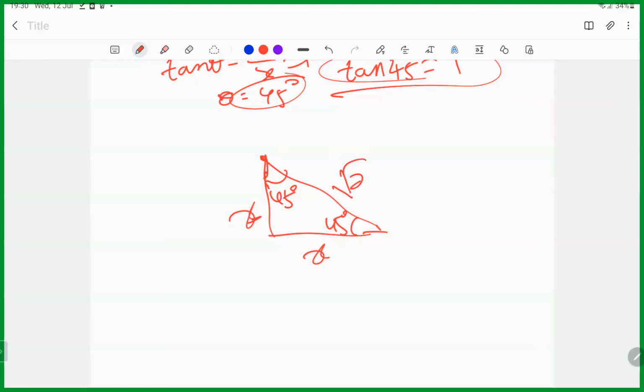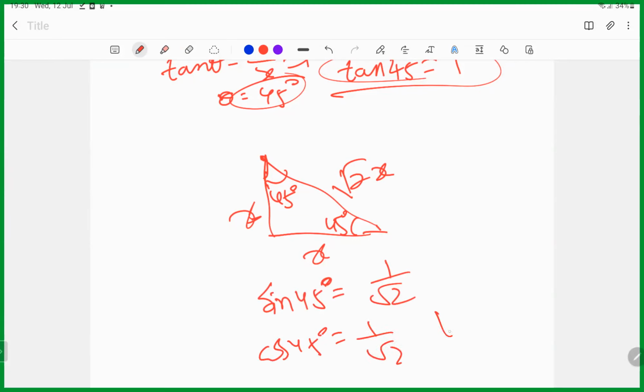X square plus x square is 2x square, and if you take the square root, the hypotenuse is square root 2 times x. So here sin 45 will be 1 by root 2, cos 45 will be 1 by root 2, and tan 45 will be 1.